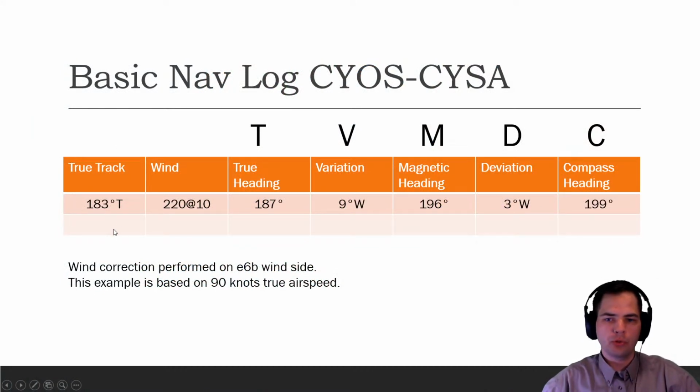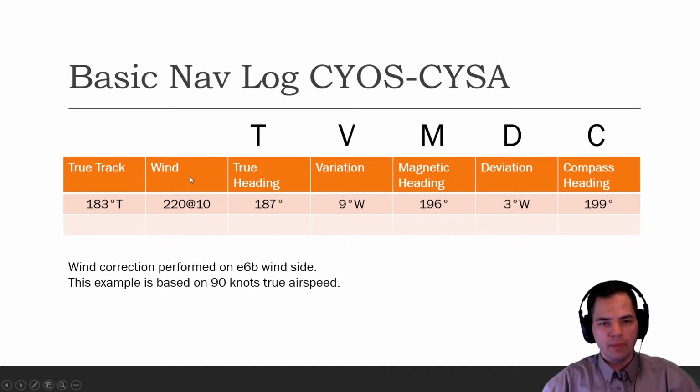That's what's known as your true track. And then from that true track, you're going to do some kind of modification to it, and you're going to add wind. So let's say in this case the wind's 220 at 10, and I will spare you the E6B calculation there.